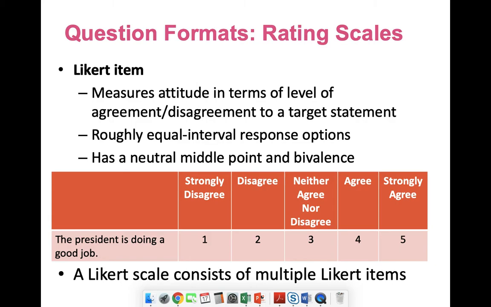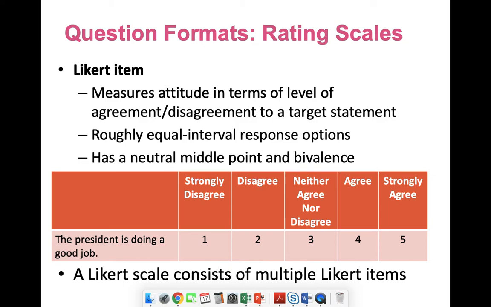Within the forced choice format, there's also several different ways to answer questions. And so one way is to provide respondents with rating scales. So we've reviewed Likert type items in the past, but a Likert item measures an attitude in terms of level of agreement or disagreement to a target statement.